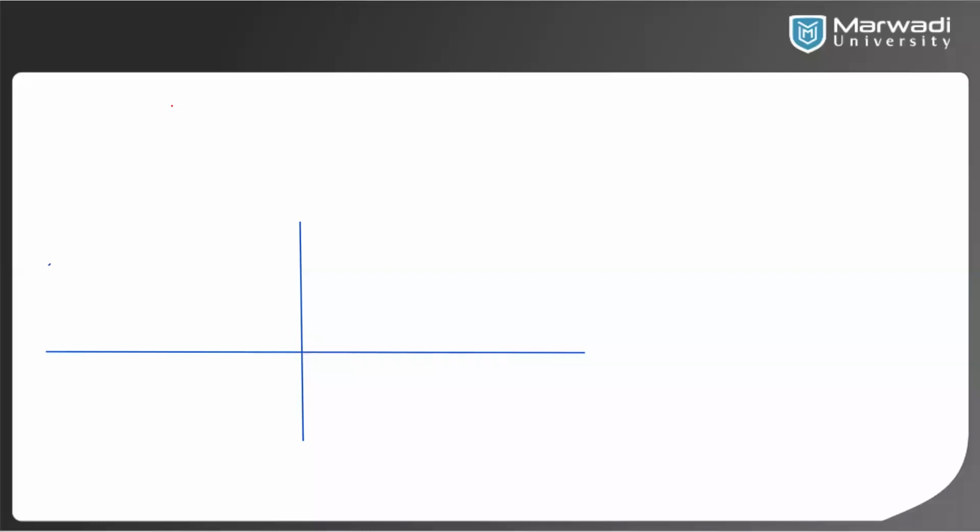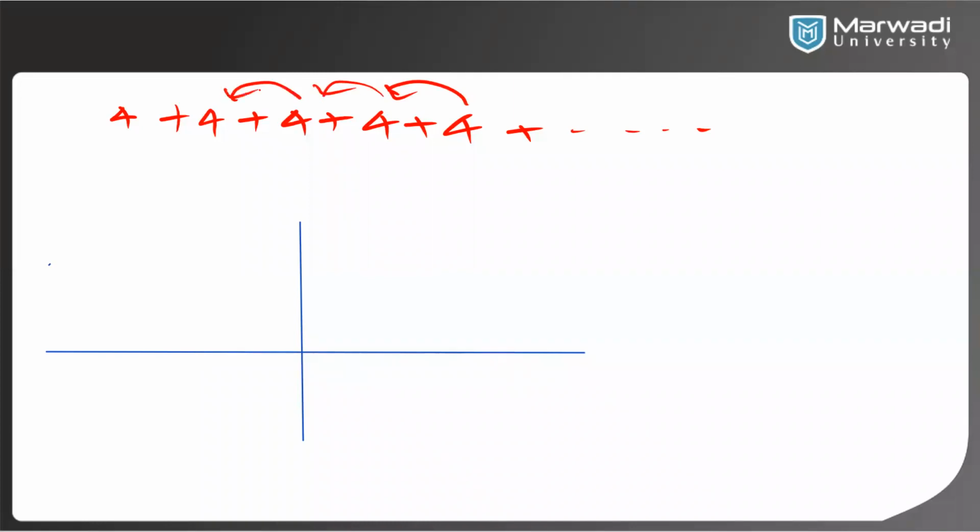If I write 4 plus 4 plus 4 plus 4 plus 4 and so on. So 4 divided by 4, 4 divided by 4, 4 divided by 4. Ratio R is equals to 1. सबका रेशियो बनेगा 1.